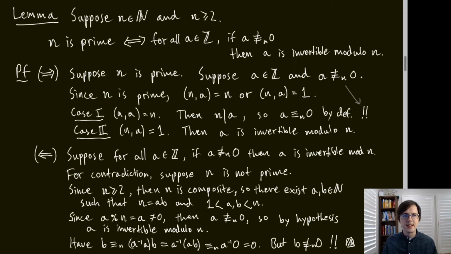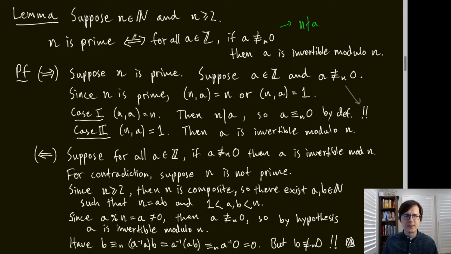Suppose that n is a natural number greater than or equal to 2, so we're excluding 0 and 1, the special numbers. Then n is prime is equivalent to the property that for every integer a that's not 0 mod n, so just to rewrite that, n does not divide a, then a is invertible modulo n.